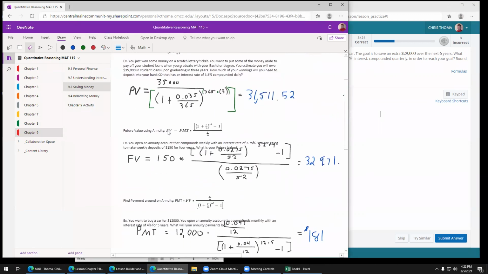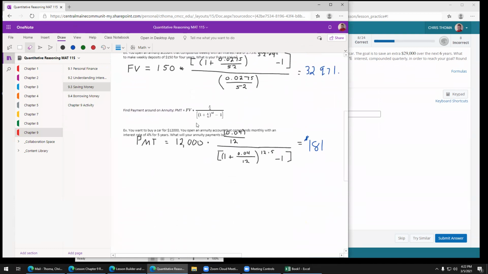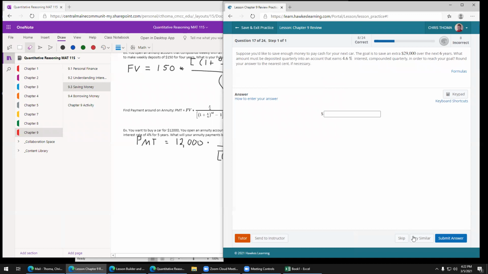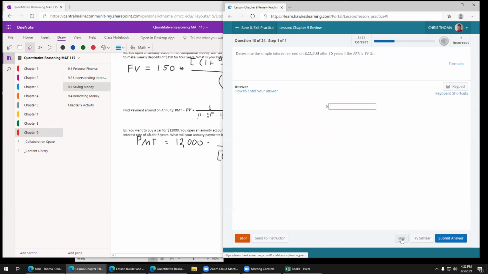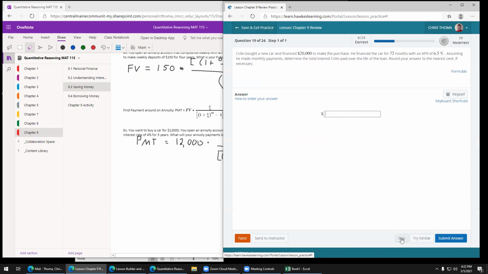We've done most of these already. So there's our future value. Again, this is future value. Simple interest, we've done one of those. Bought a new car, financed to make the purchase. This is a compound interest problem.